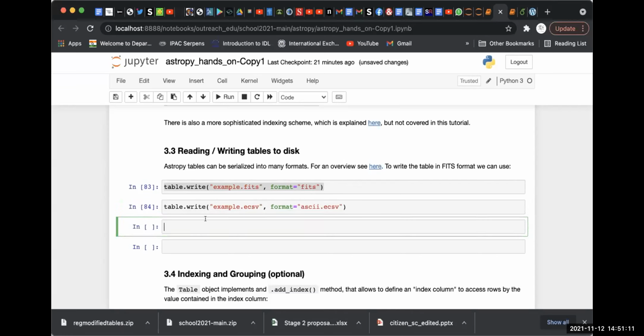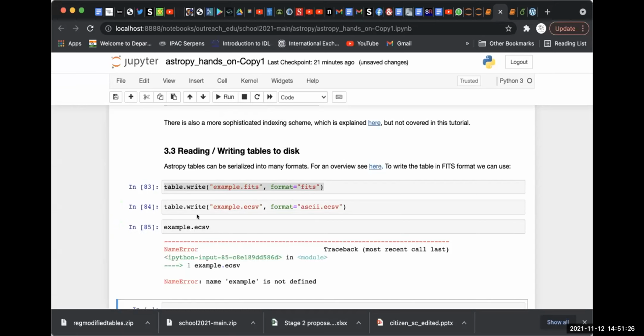Now, what is the advantage of this? I can show it to you. Example.ecsv is like a CSV file, comma separated variable, but it has an additional set of metadata. We will not read it like before, but it will have to be done as table read, also in inverted commas.